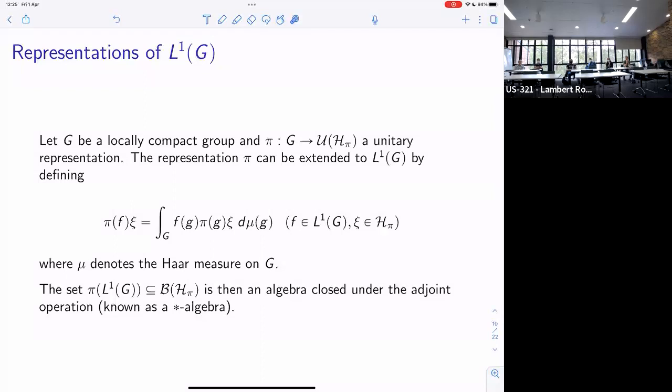And this extension of our representation is defined by this integral. So pi of an L1 function f acts on a vector psi of our Hilbert space by just computing this integral here as a vector-valued integral.